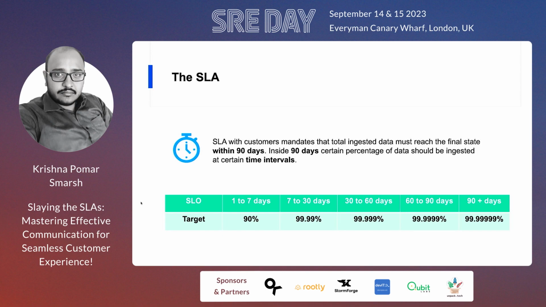For any data received 7 to 30 days ago, it should be 99.99%. As it progresses to 30 plus days, you can see a precision of 9 getting added. On the whole, within 90 days, all the data that we receive should be archived. That's the SLA.